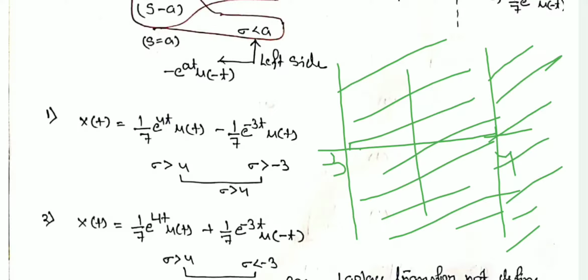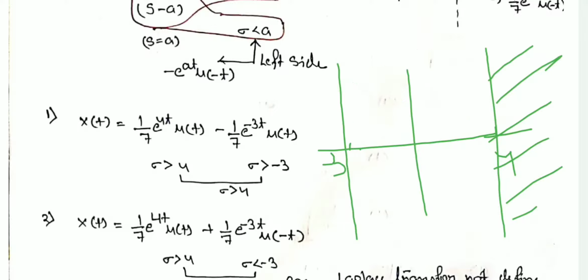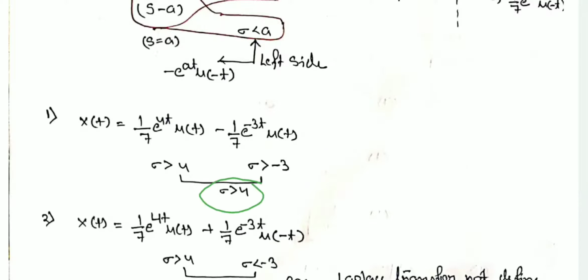Therefore, if both signals are right sided, then our combined ROC should be to the right of the rightmost pole. Therefore, it only contains the ROC which is sigma greater than 4. Okay, and this is the inverse Laplace transform, and the common ROC is sigma greater than 4.